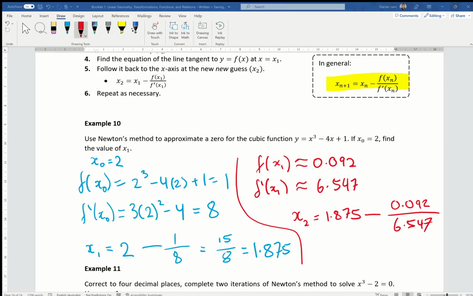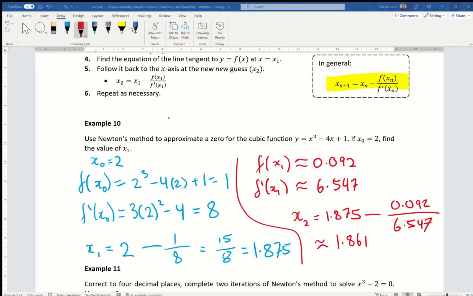Okay, I go 1.875 minus 0.092 divided by 6.547. There we go. And we end up with x2, which is approximately 1.861. Is that closer to our actual response? Yes, it is. It's much closer.